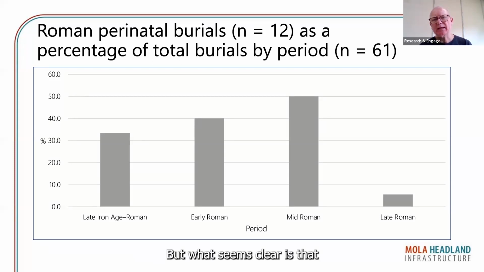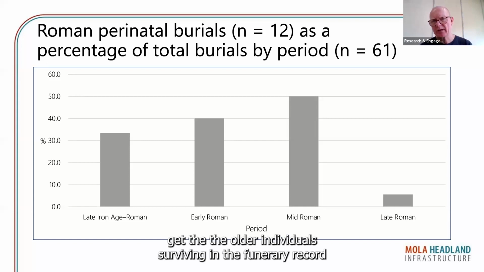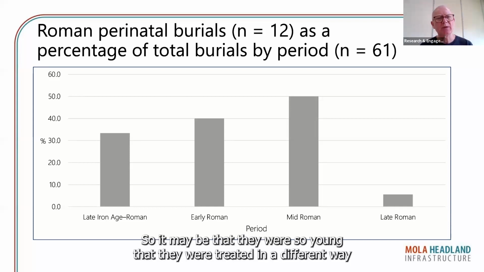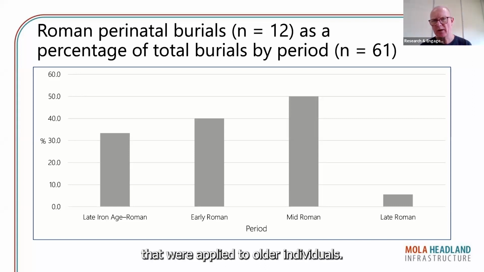But what seems clear is that there seems to be some difference in the Iron Age and in the Roman period in the burial of the very, very young when compared to older children and adults, in that we do not get the older individuals surviving in the funerary record, but we do get these perinates. So it may be that they were so young that they were treated in a different way, or they didn't qualify for certain funerary rites that were applied to older individuals.